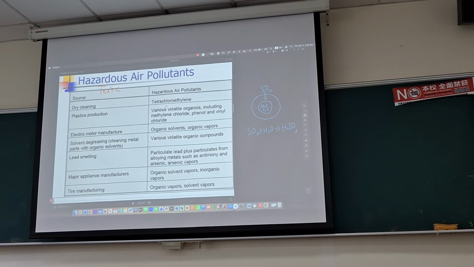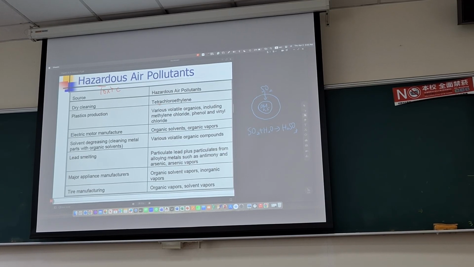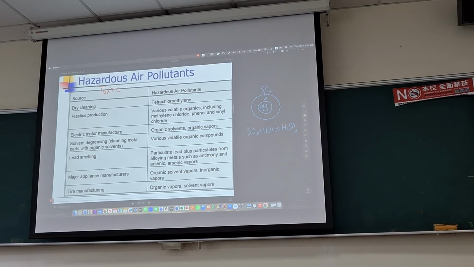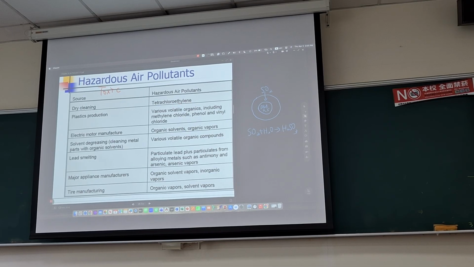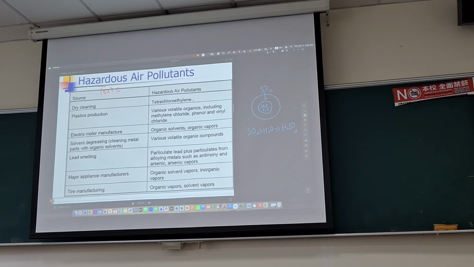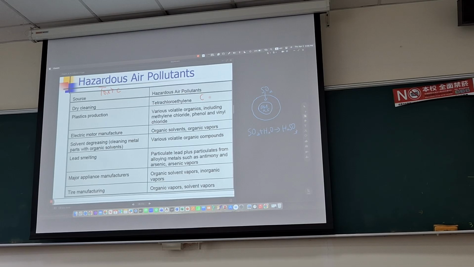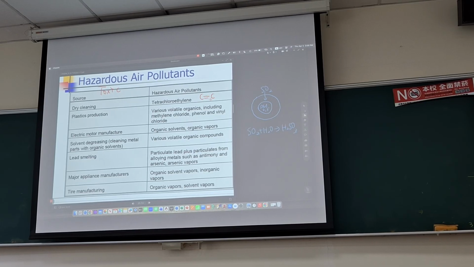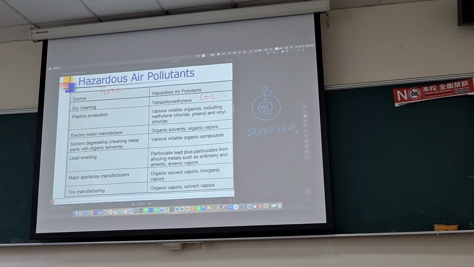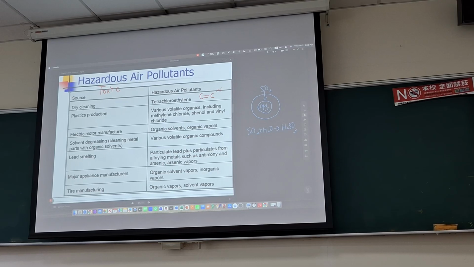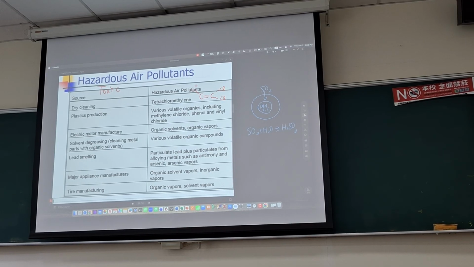Okay, the first one is tetrachloroethylene. Tetra means four, tetrachloro.